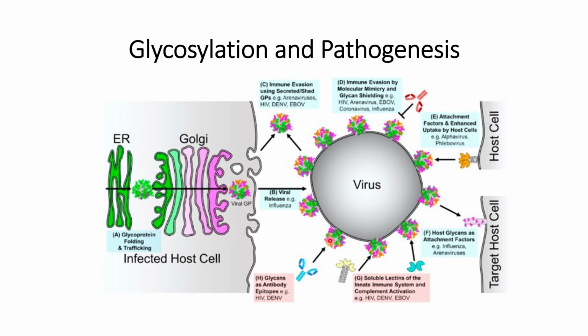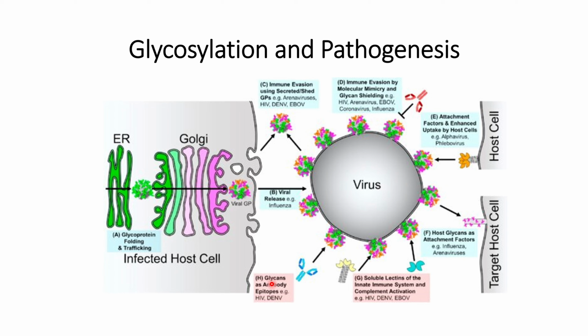Whenever the viral glycoprotein is produced, though most of the glycan structures are similar to the host cells, there are some glycan epitopes that are unique to that virus. Those unique epitopes can be used to generate antibodies, which can help the immune system identify the virus and act against it.